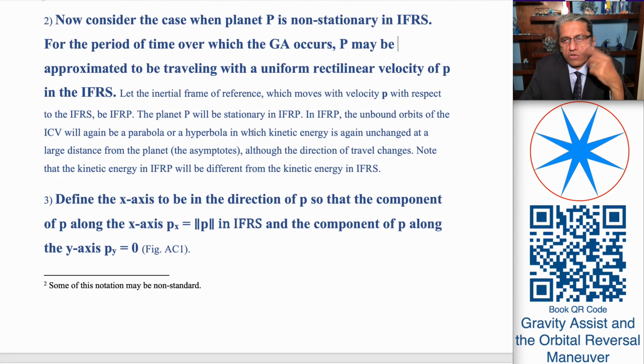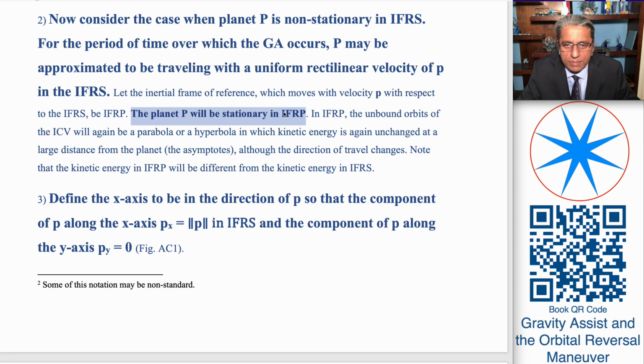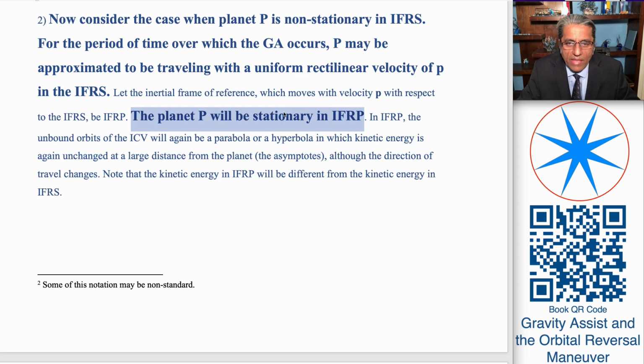The planet, of course, is in an orbit around the sun, but for the purposes of gravity assist, you can just assume that it has a uniform rectilinear motion in the solar frame of reference, which is referred to as IFRS, in which case you can define a new inertial frame of reference, the planet, in which the planet is stationary. I'm going to call that inertial frame of reference IFRP.